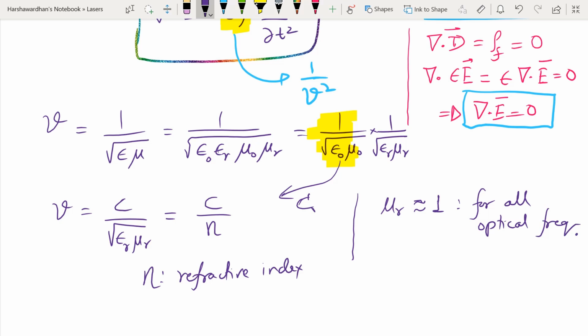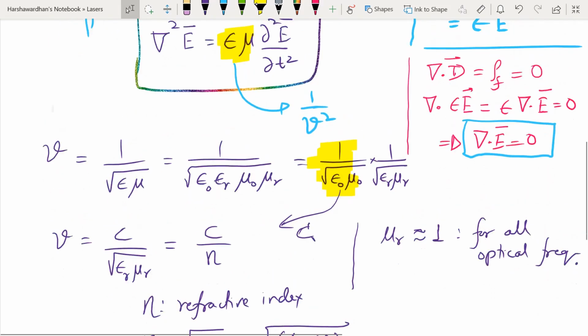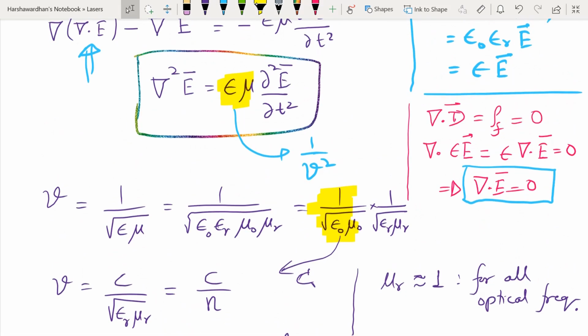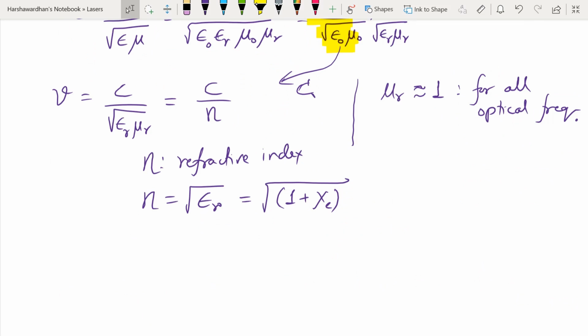At optical frequencies, there is no magnetic response, hence mu relative is 1, and hence the refractive index itself can be written as simply square root of epsilon relative, or in other words, square root of 1 plus chi electric, which is the susceptibility. So this is essentially the wave equation and the corresponding velocity with which electromagnetic waves move within such a medium. By the way, this velocity v that we are talking about is called the phase velocity.